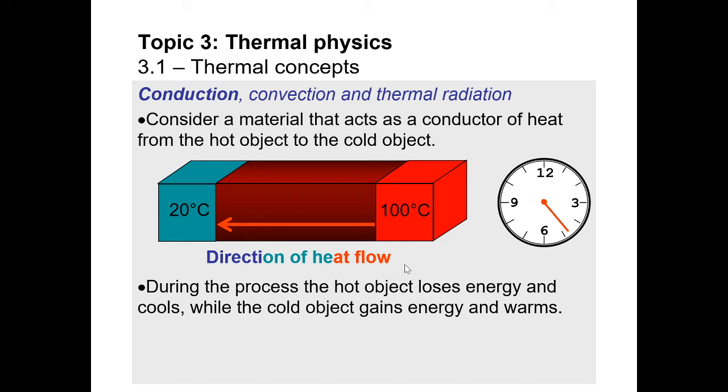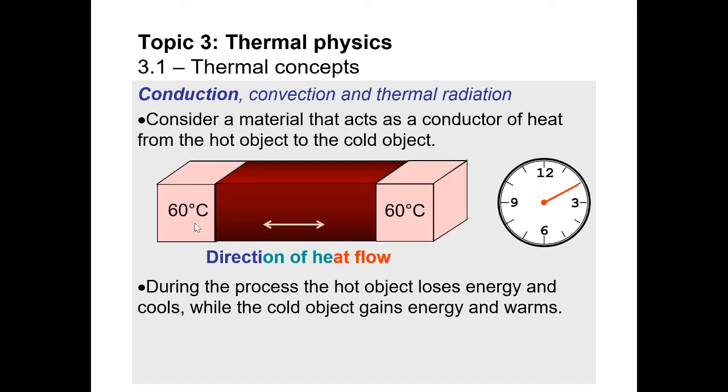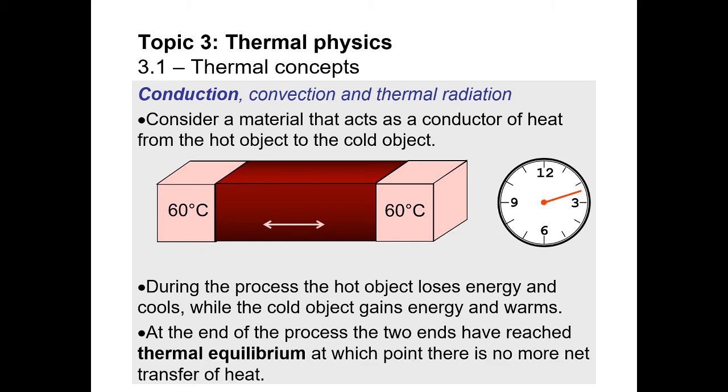As time goes on, the 100 degrees Celsius object will get cooler and the 20 degrees Celsius object will get warmer. So now we have 80 and 40, now we have 60 and 60. Once both objects are at the same temperature, the transfer of energy stops and everything is said to be in thermal equilibrium. No more transfer of heat.